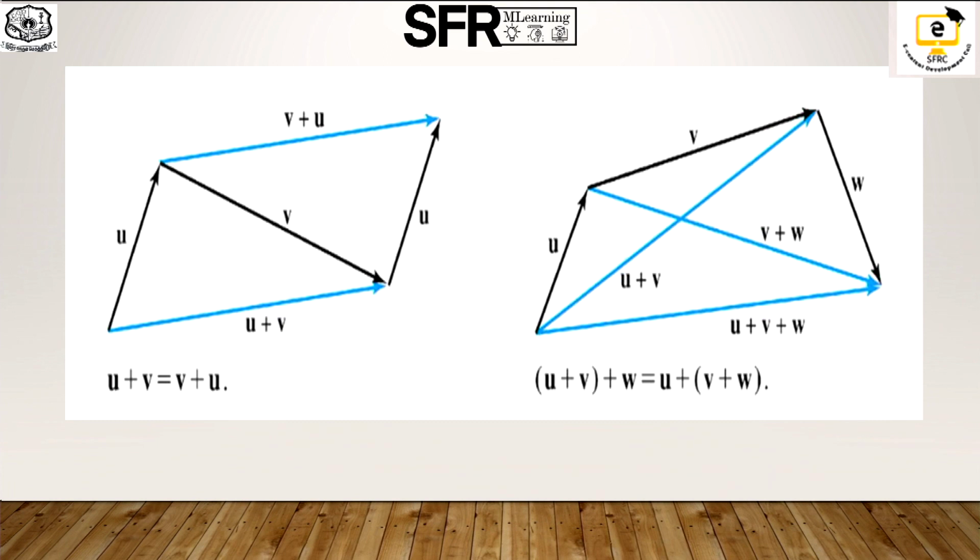In the figure, we are denoting the addition of vectors. In the first figure, we have two vectors U and V forming a parallelogram.